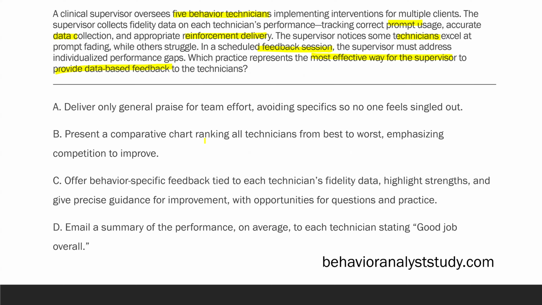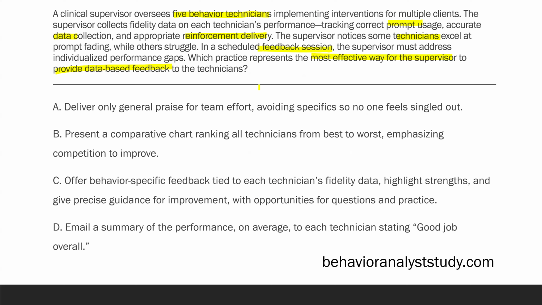A, deliver only general praise for team effort, avoiding specifics so no one feels singled out. This is the nice way to go about it. But is it going to be effective at making your technicians better? Not if you're giving general praise. We already know some of these technicians are better at some things than others, while worse at other things.